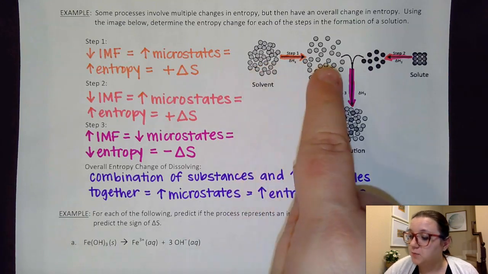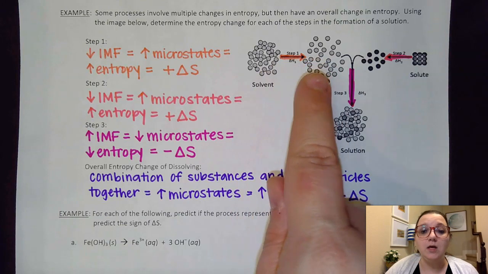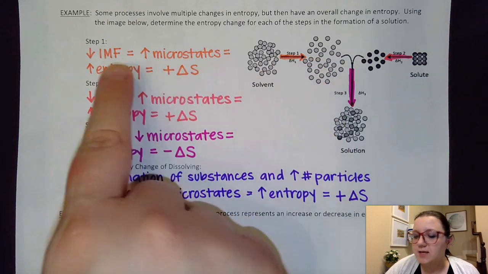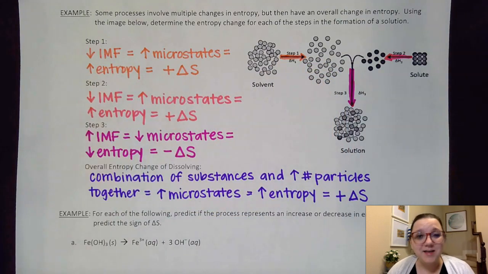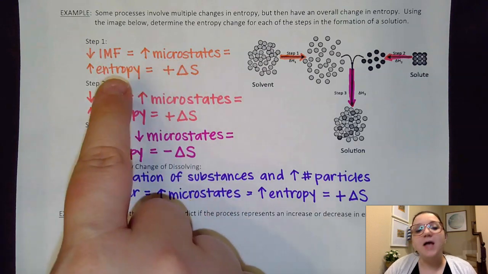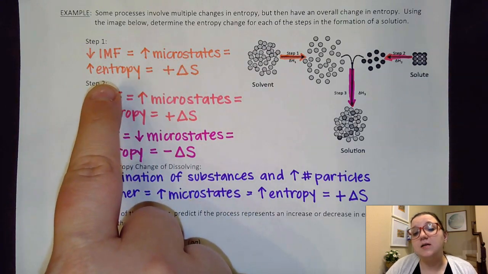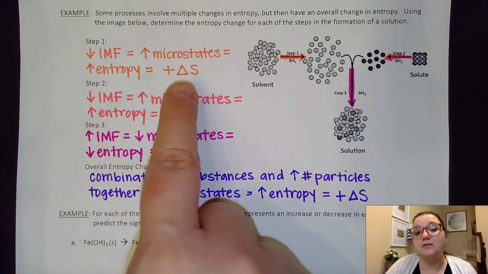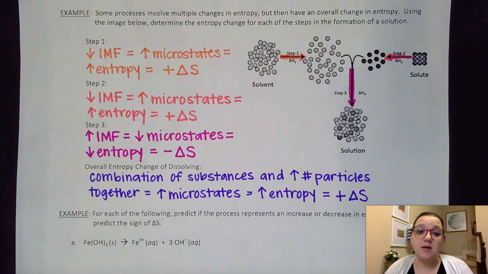So step number 1 here, we have our solvent breaking apart. So what that means is that here I'm decreasing the IMFs, I'm breaking those apart. So that would help me to have more arrangements possible here, so more microstates. And so therefore my entropy in this step would increase, and I should see a positive delta S value for step number 1.